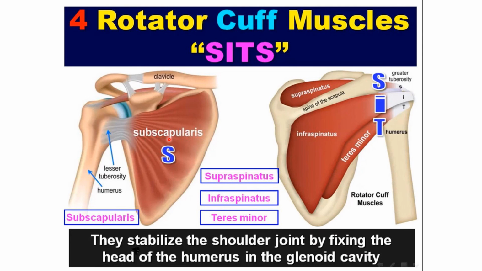Now it's important to note that the stability of the shoulder joint is dependent on the integrity of the rotator cuff muscles. They stabilize the shoulder joint by fixing the head of the humerus in the glenoid cavity.